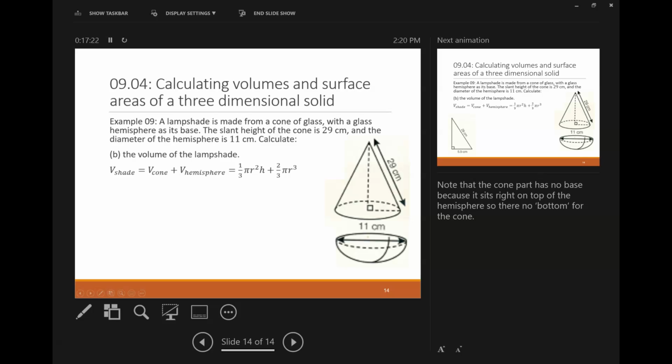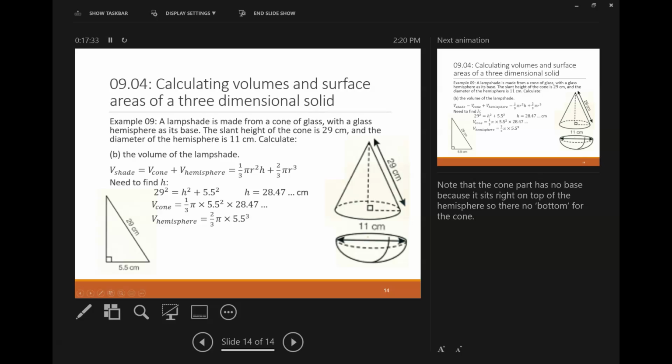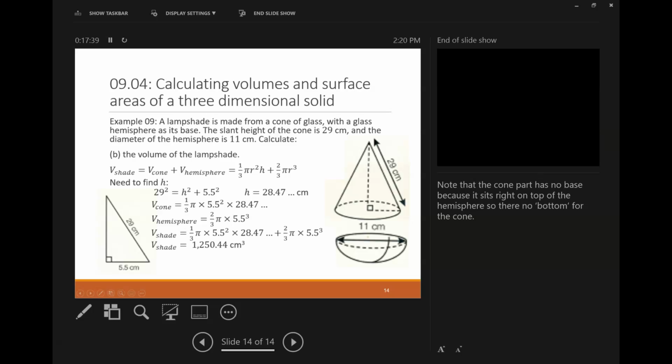I can find it though, right? Pythagorean Theorem. So that height is 28 and change. So the volume for the cone and the volume of my hemisphere, I can now compute. And when I add them up, I get the volume for the lampshade. Is everybody okay with that idea?